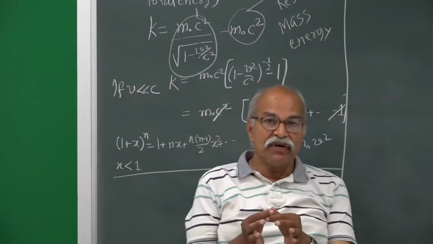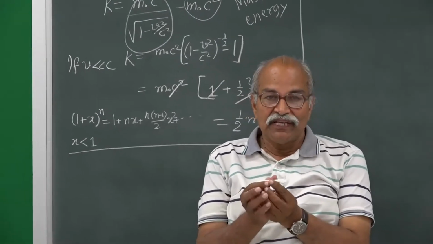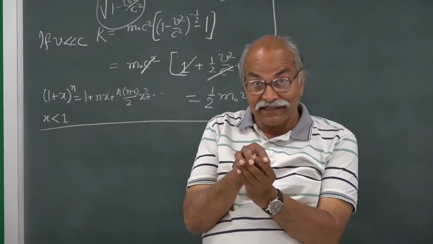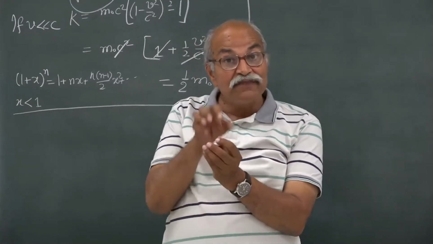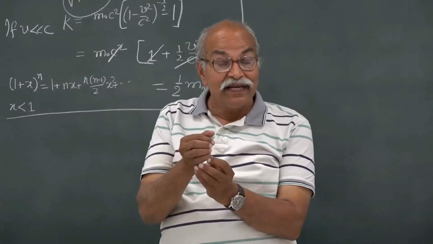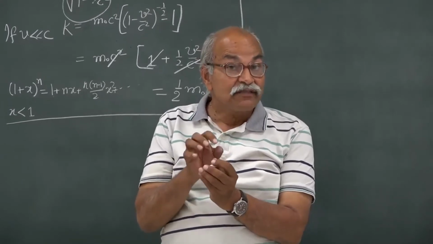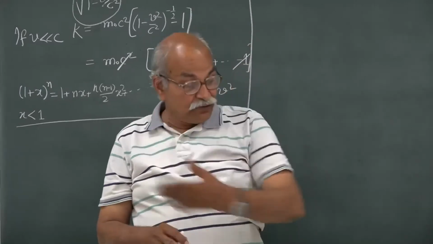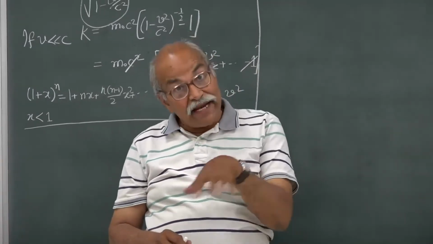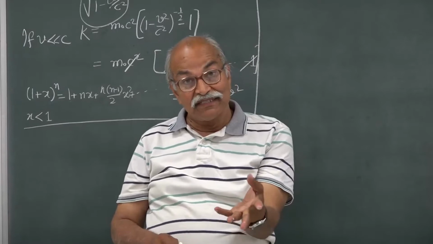If I have a particle which is not moving, we still say that it has energy, and that energy is its rest mass energy. Because of the mass there is an energy, and that energy is m naught, rest mass, into c square, and when you give kinetic energy, that is added on top of this rest mass energy.